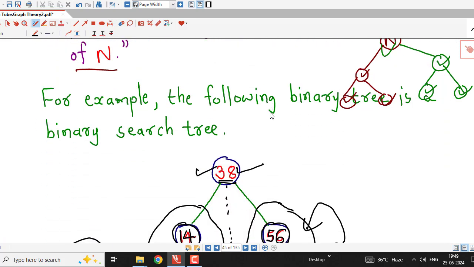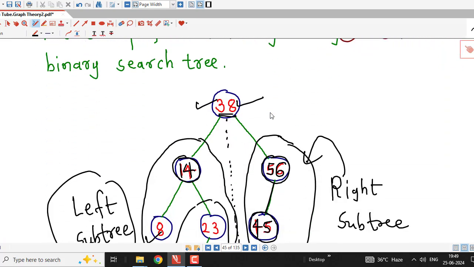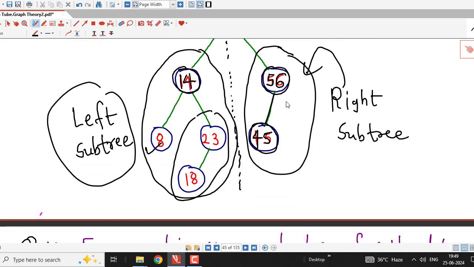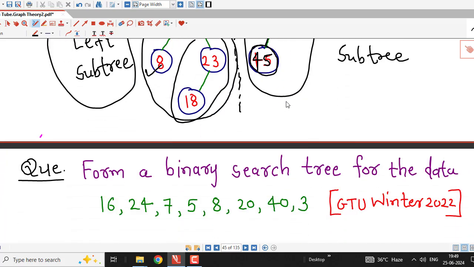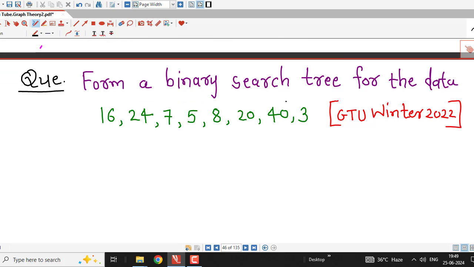Now sometimes they can ask you to write down, or construct or design, the binary search tree from the given data also. Here I have taken one question related to this construction of binary search tree from the given data. This question was asked in GTU Winter 2022 exam.